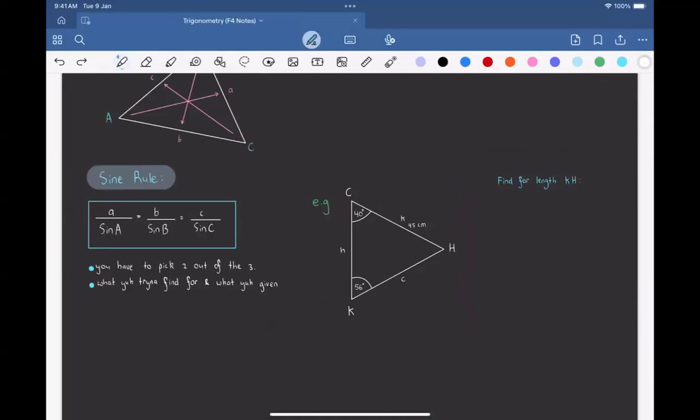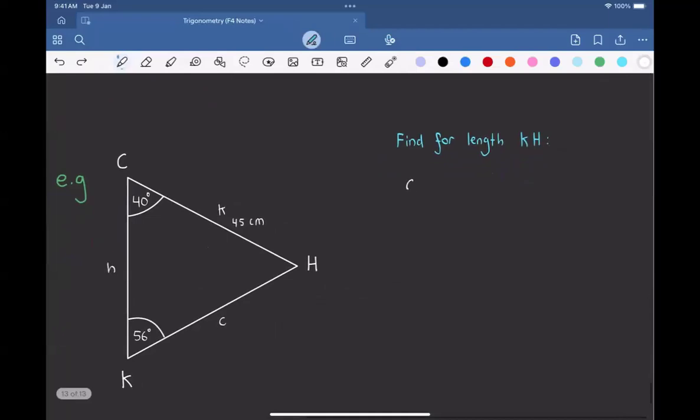Little c over sine capital C equals little k over sine capital K.